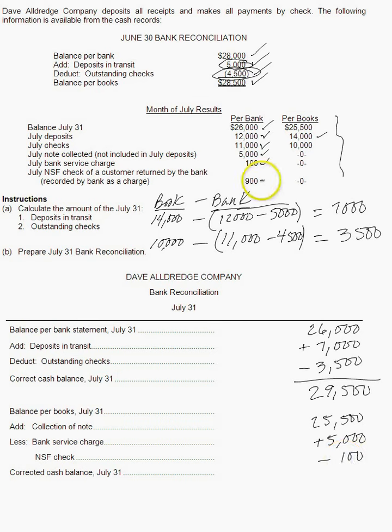There was also an NSF check returned by the bank of $900, and that reduces our cash balance. And so when I add those up, I get an adjusted cash balance of 29,500.